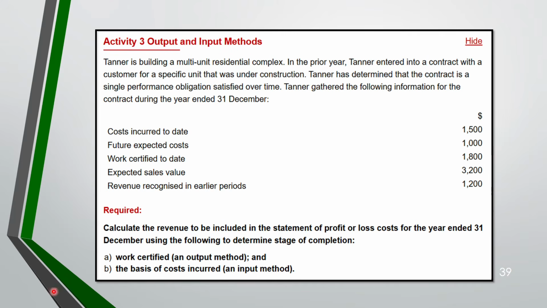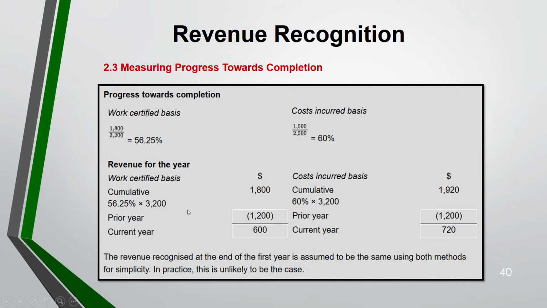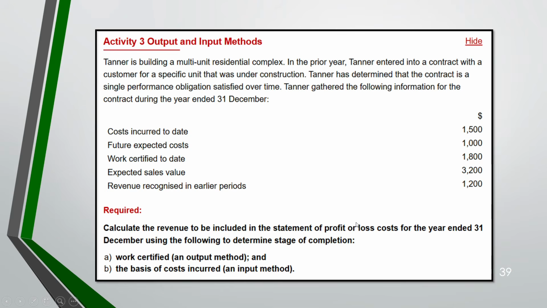Based on this, let us first find the output method. Here on your left hand side is the work certified basis, and here is the cost incurred basis. First, find the percentage. This percentage is very important. Without this percentage, you can't find the revenue under both methods. So the proportion: work certified to date. What is the work certified to date?